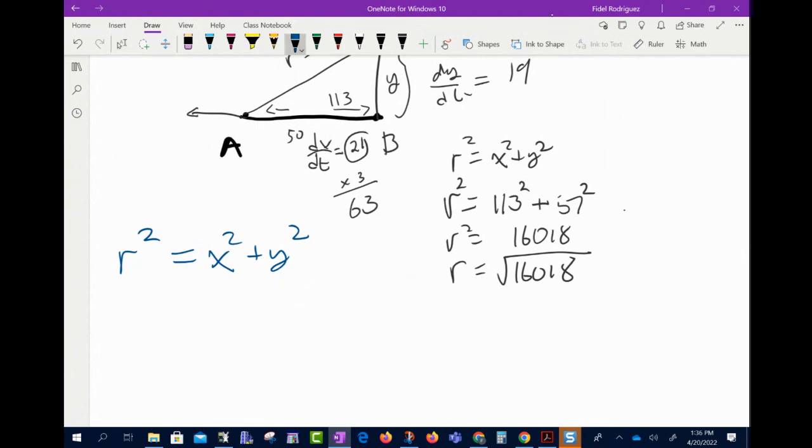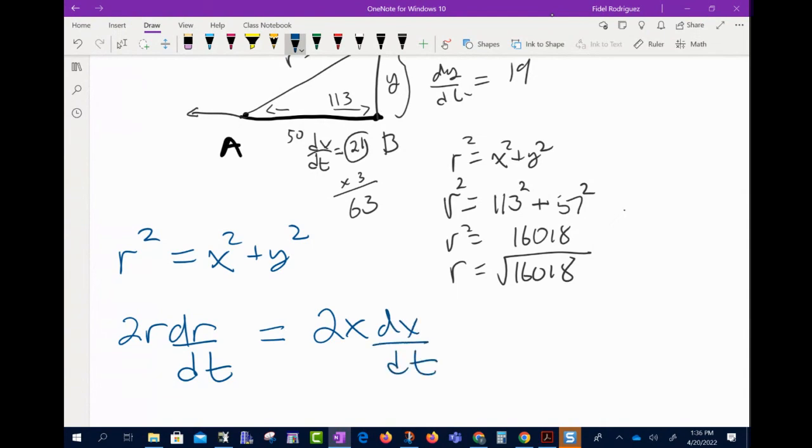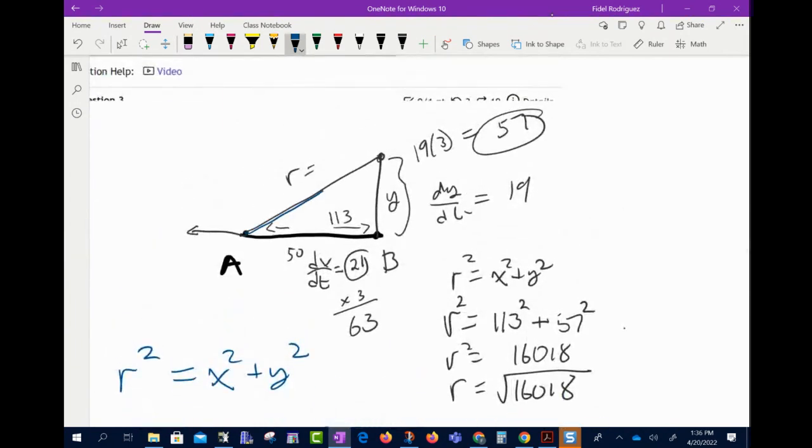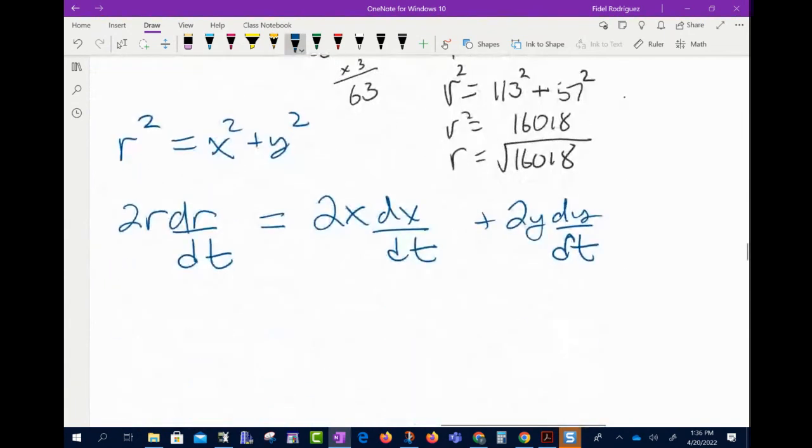So look what we have: 2r dr/dt, we're taking the derivative now, 2x dx/dt plus 2y dy/dt. What we're trying to do is solve for dr/dt. We're trying to figure out at what rate that distance right there is changing.